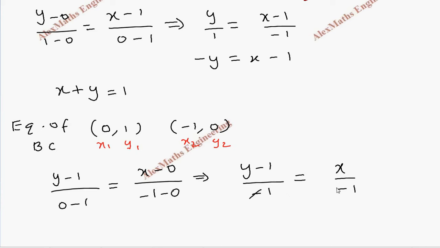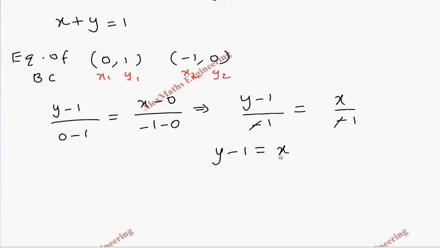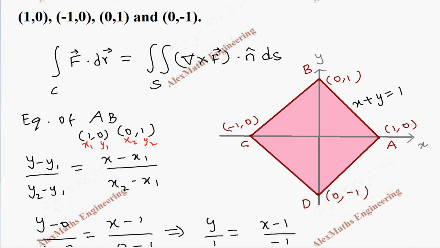So we can cancel this. After cross multiplication, y minus 1 is equal to x, and taking everything on one side, x minus y equal to minus 1. So this is our equation, x minus y equal to minus 1.